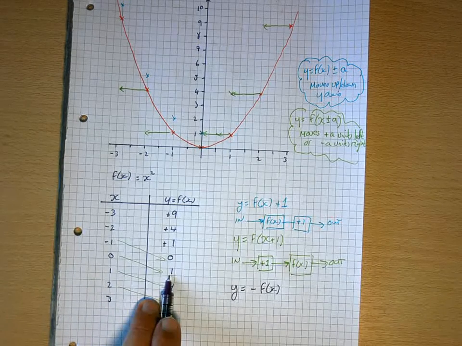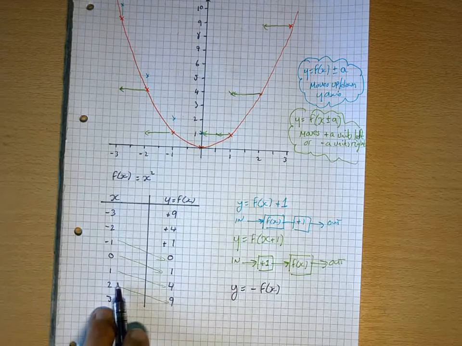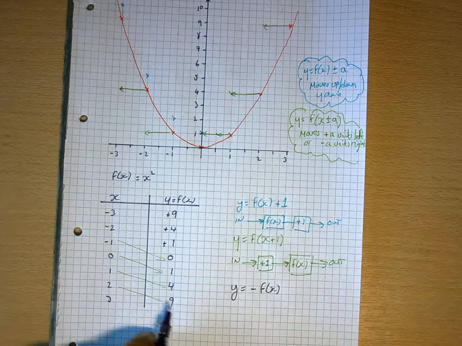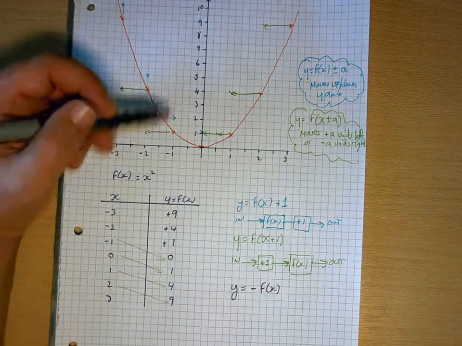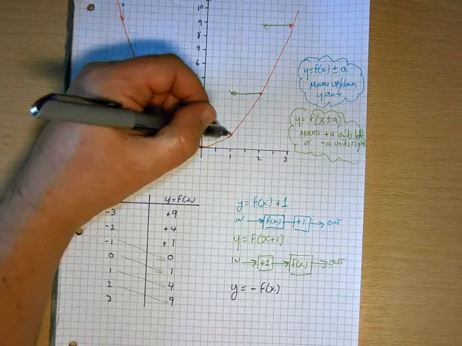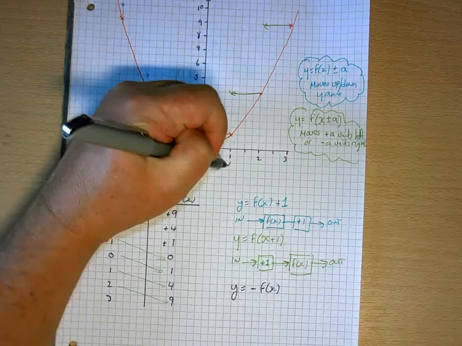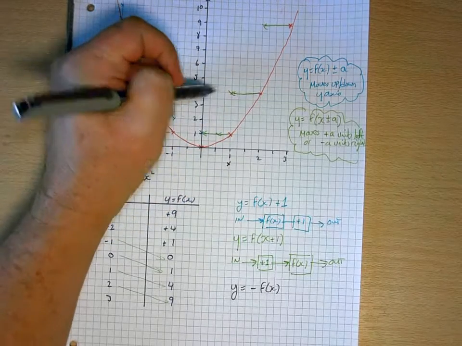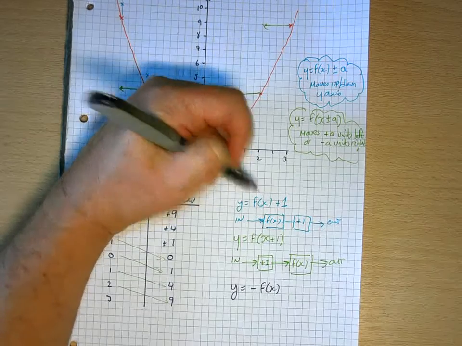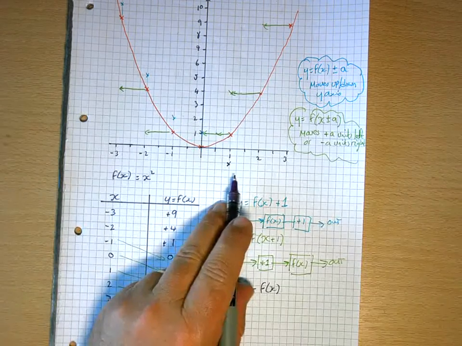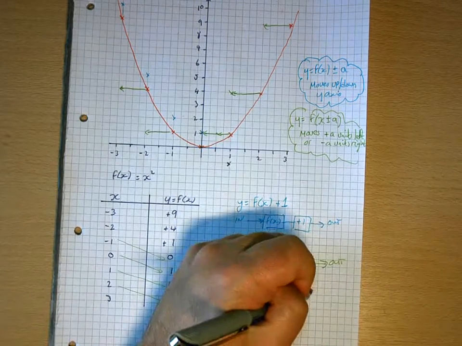So the output of 1 would become negative 1, the output of 2 would become negative 4, and so on. So what effect that would have is 1 would become negative 1, 4 would become negative 4, and there's not enough room on the paper.